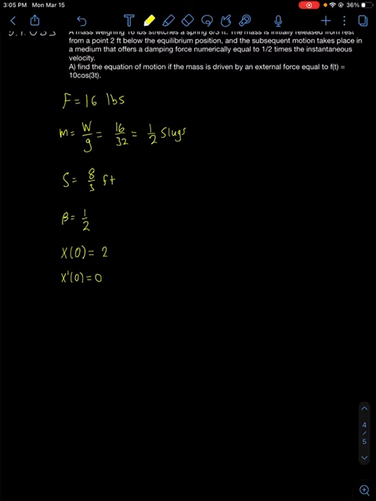Now that we have all of the given factors written out, I will write the general equation that we're going to be working with from this point on.